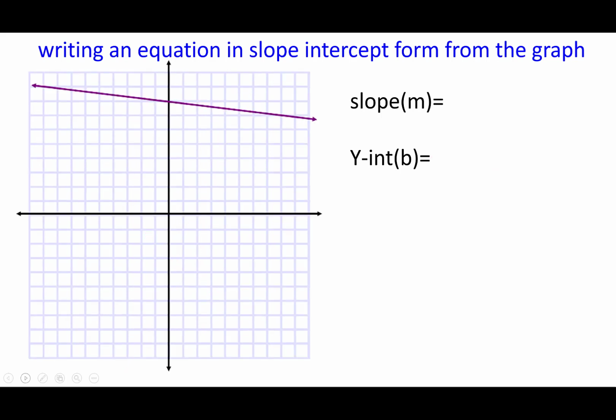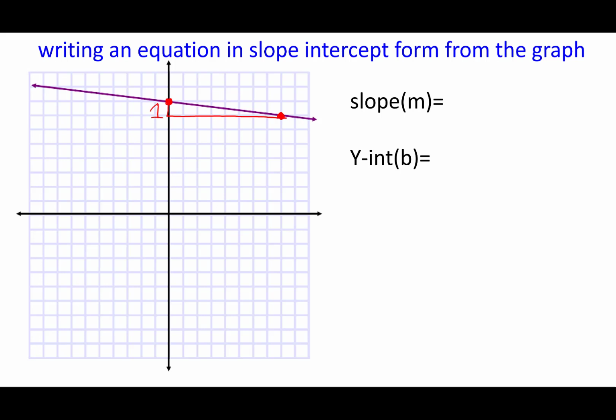All right, let's go ahead and try another one. So first thing we need is 2 points on my line. I always like to pick the one that crosses on the y-axis because it makes it easier to pick out a simple point. So I'm going to do my rise over my run. So my rise is 1.